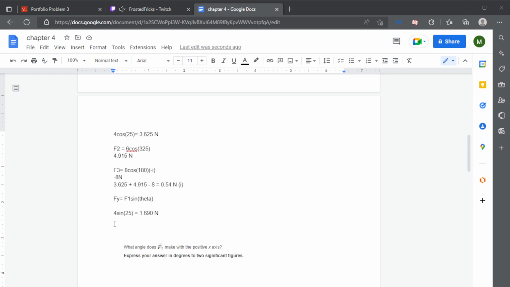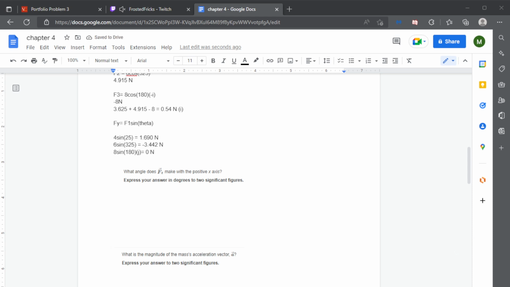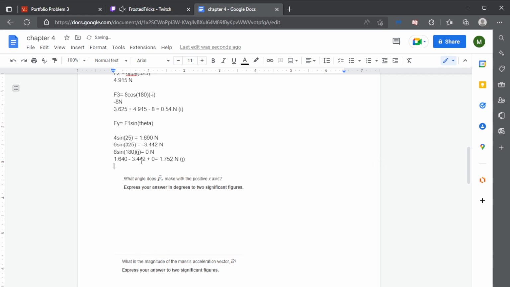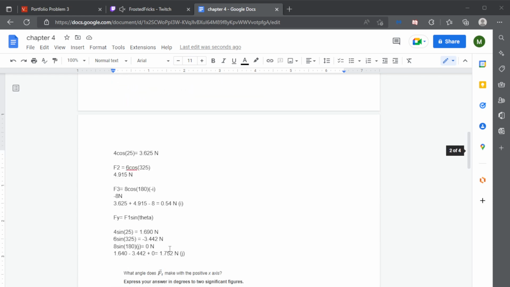This will equal negative 3.442 newtons, and then 8 sine 180 will equal 0 newtons. We plug them all together to find Fy, and we'll get ourselves 1.752 newtons. This represents the i and the j.